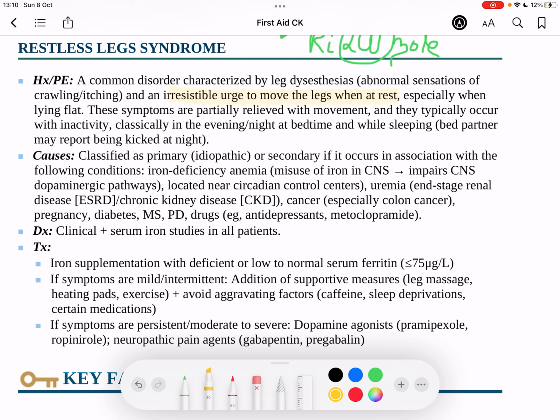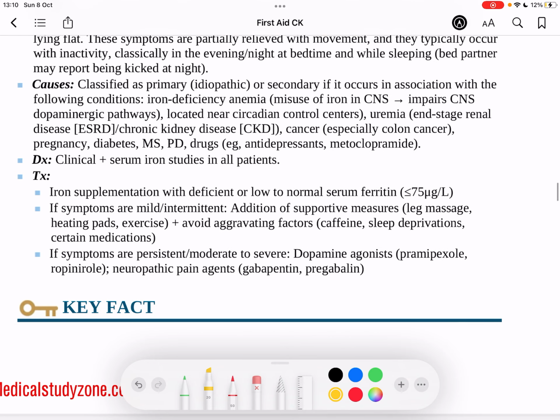at night. In terms of causes, it can be primary, so no specific cause, or it can be secondary, and this is usually occurring in the midst of an iron deficiency anemia, okay? And that's because the misuse of iron in the CNS impairs CNS dopamine pathways.